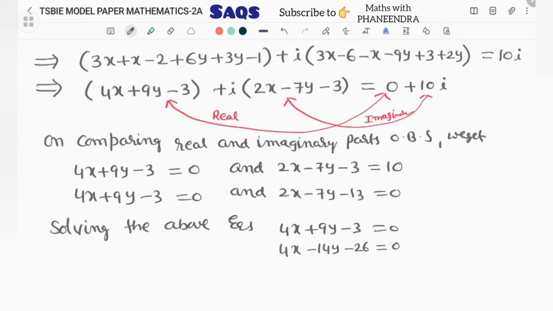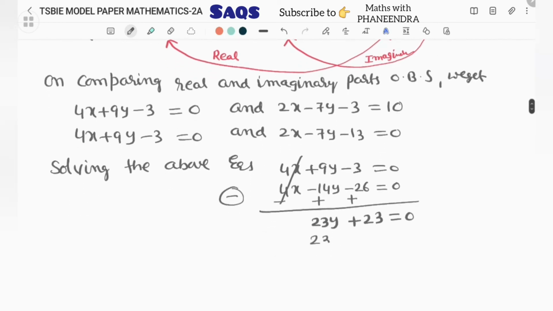By subtracting, sign change, minus plus plus, these two will be cancelled. 9y plus 14y, 23y, plus 26 minus 3, plus 23 equal to 0. So 23y is equal to minus 23. That implies that y is equal to minus 1. So y is equal to minus 1.